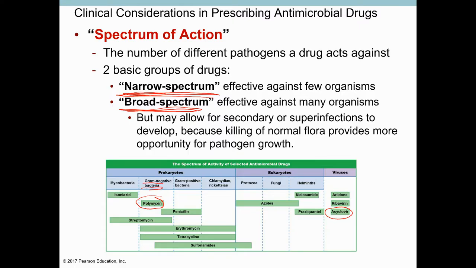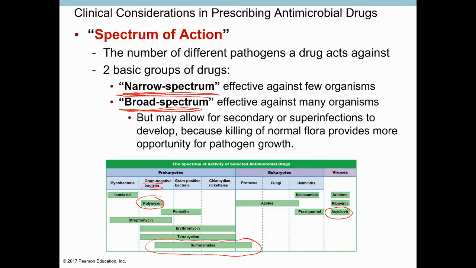On the other side of this, you have what we call the broad spectrum. A broad spectrum drug in this example would be like the sulfonamides. They are useful against some of the gram-negative bacteria and the gram-positives, chlamydias and rickettsias, and even into the eukaryotes, some protozoans. That would represent a fairly broad spectrum drug. And then you have some that are sort of in the middle.